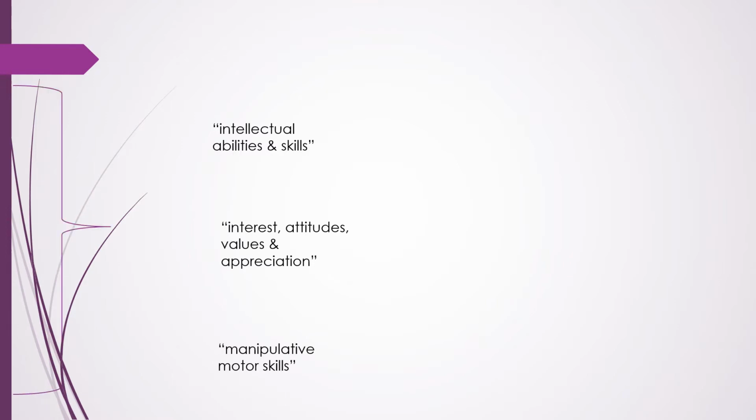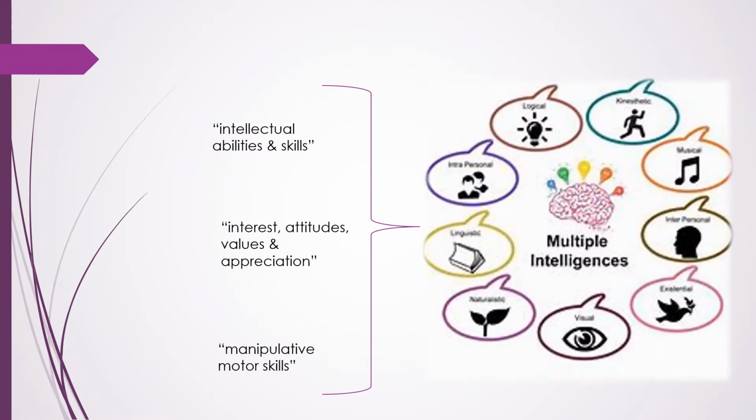This supports the theory of Gardner toward developing the multiple intelligences of an individual. And because of this, yung pagde-develop ng cognitive skills, yung affective skills and motor skills ng estudyante ay siyang nakakapag-develop ng iba't ibang uri ng kakayahan ng isang bata.